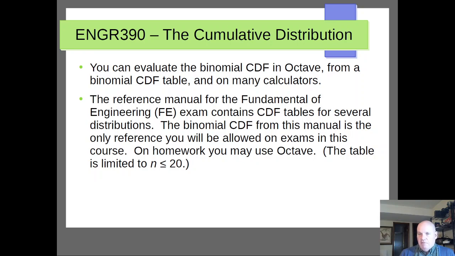In that case, you'd have to turn to something like Octave. So on the exam, I will only give you problems which you can find in this table. You'll find a link to this table under the lectures link for today's Engineering 390 lecture. So download that, print that out. We'll be using that in an example in just a few minutes.